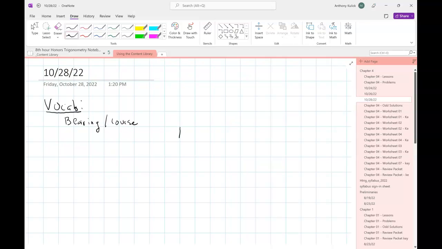For a bearing or a course, we're going to think about the compass: north, east, south, and west. We start at north and rotate clockwise, and that gives us our terminal angle.